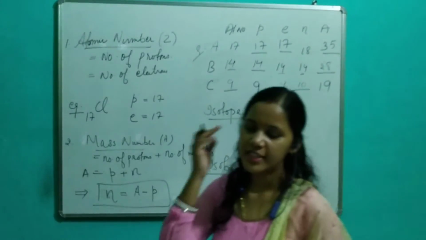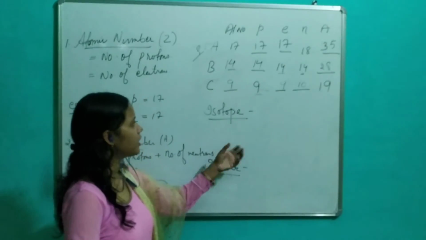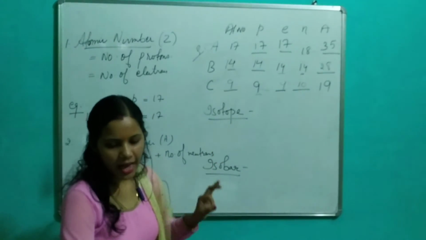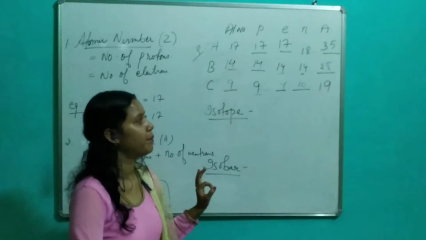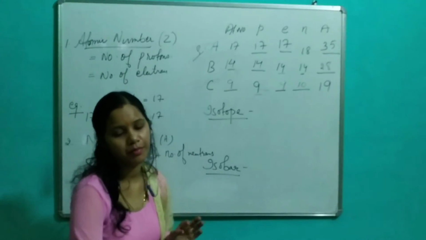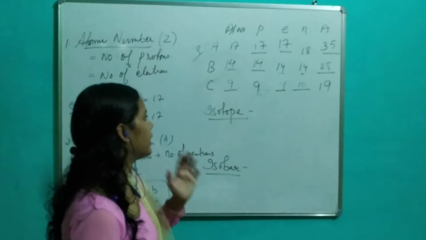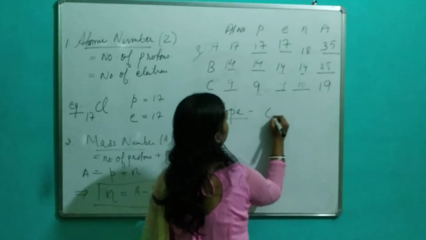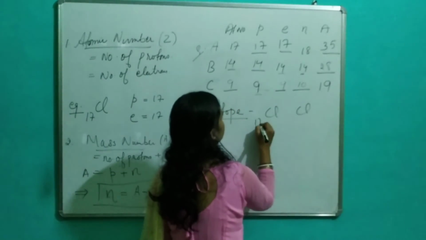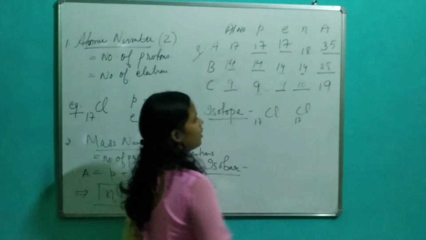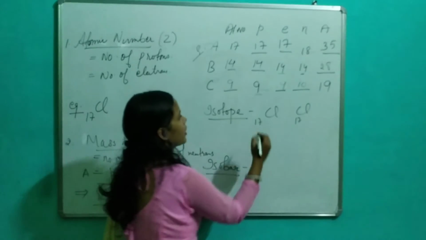Now atoms of the same element having the same atomic number but different mass number are said to be the isotopes. For example, chlorine. Chlorine has two isotopes having 17 as atomic number.